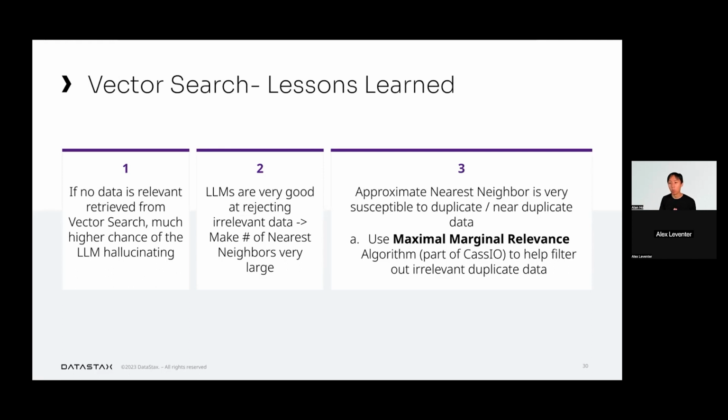Whereas if you use a wider search, let's say you ask for 50 nearest neighbors, and then ask for the 5 most different documents within that set of 50, all the duplicates automatically get removed because of this maximal marginal relevance. It basically tries to find the most distinct pieces of information. So this is an advanced thing that you should remember to use, especially if you're concerned about your system having duplicate data.